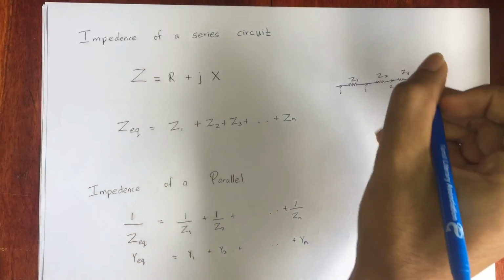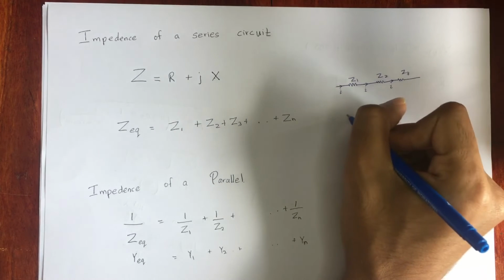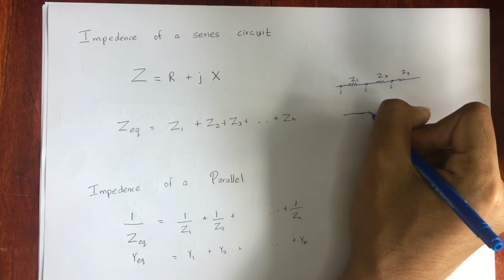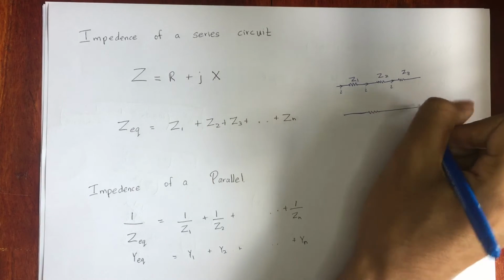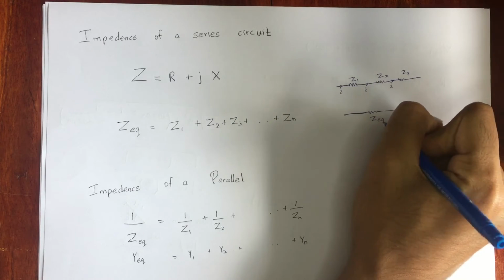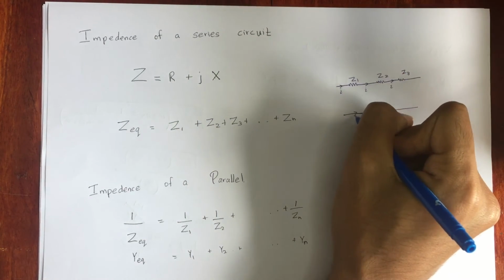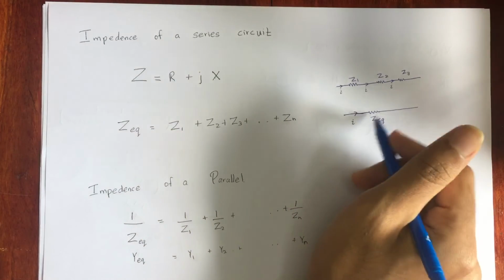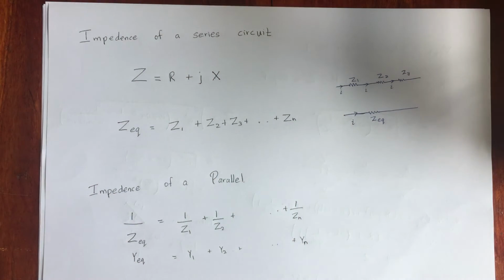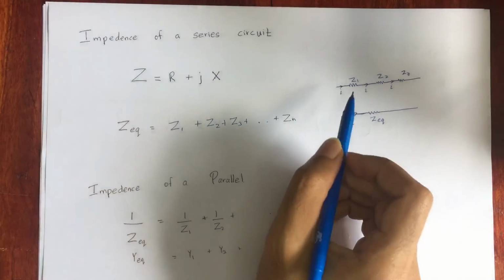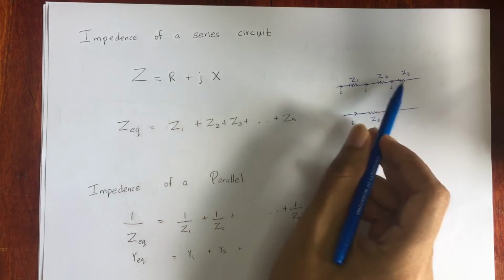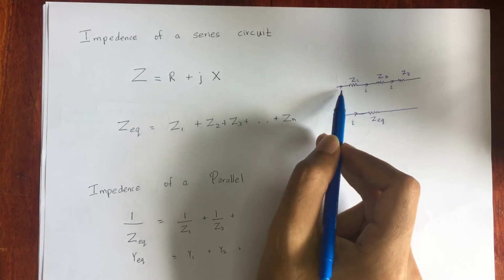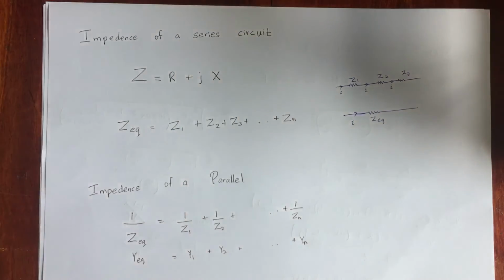From that, we are going to draw an equivalent circuit for this. Let's say there is an equivalent impedance for these three. If I draw that, the current I is the same for this Z equivalent. The reason is that the resultant of these three also has the same current, the I again.